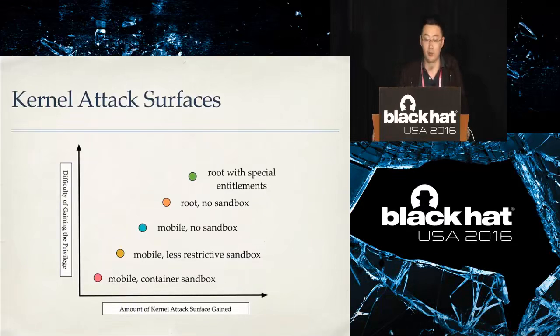So your app will run as mobile in the container sandbox. So it's very easy for you to gain code execution as mobile, but you will also get a very limited kernel attack surface. Because if your app runs in the container sandbox, you can only talk with very limited kernel extensions.